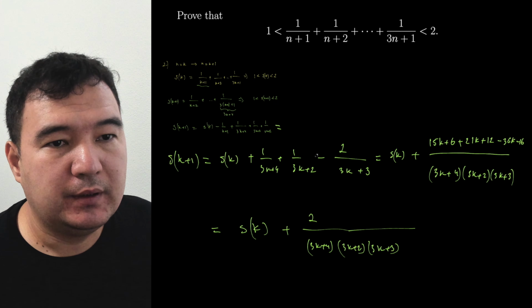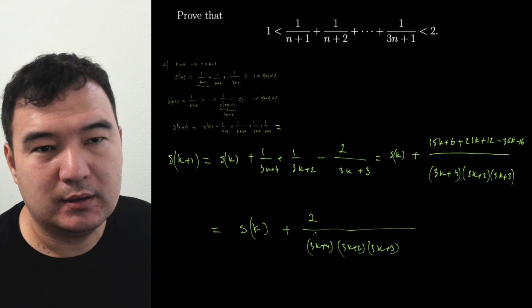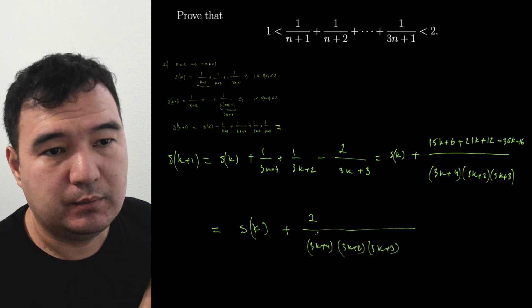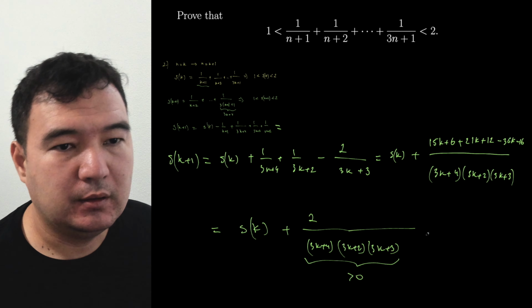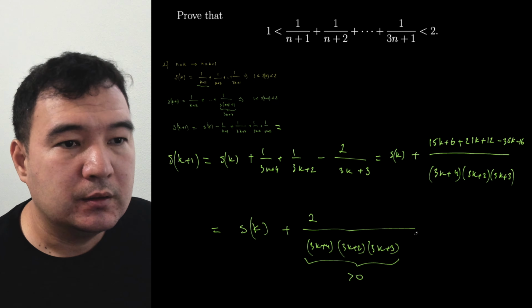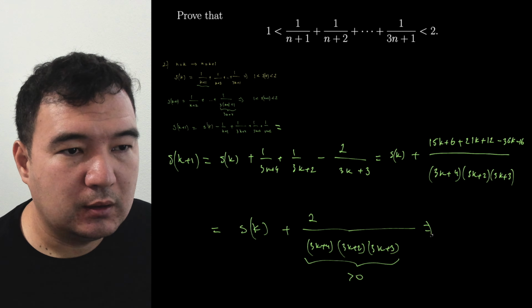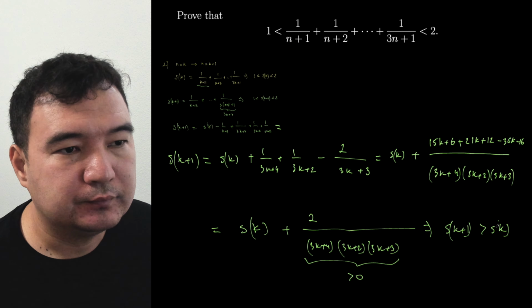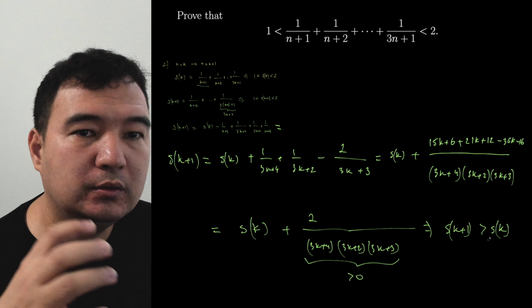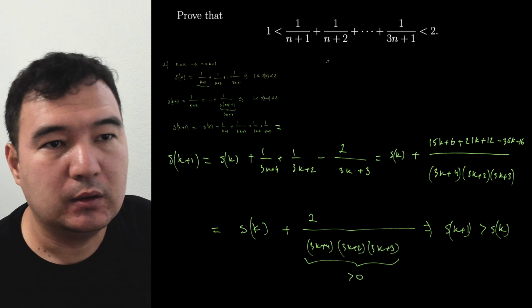If you simplify this part, you get Sk plus 1 is Sk plus something, a very small step. So this is a small positive number greater than 0, which means that Sk plus 1 is greater than Sk. So this is good to prove the first part of the inequality, right?